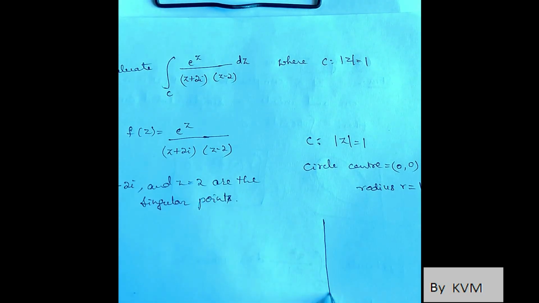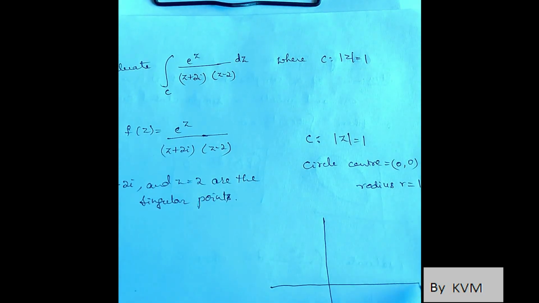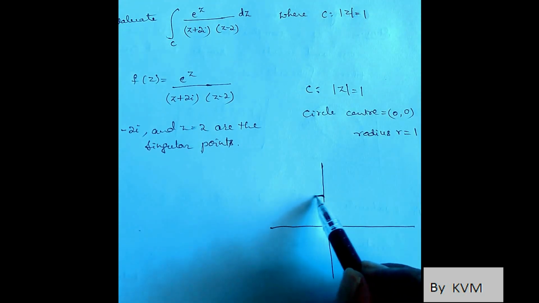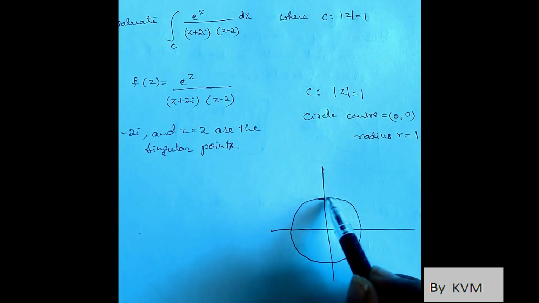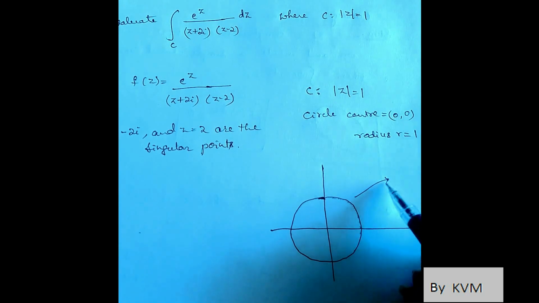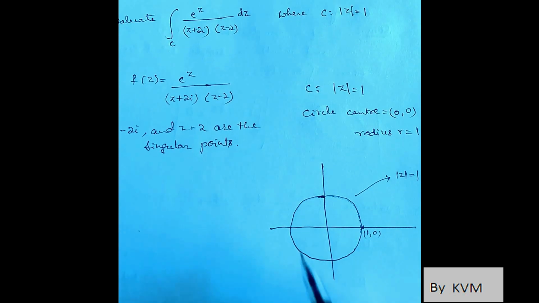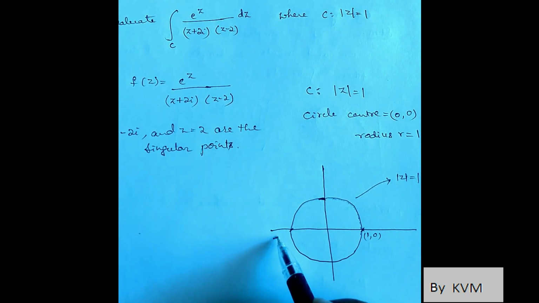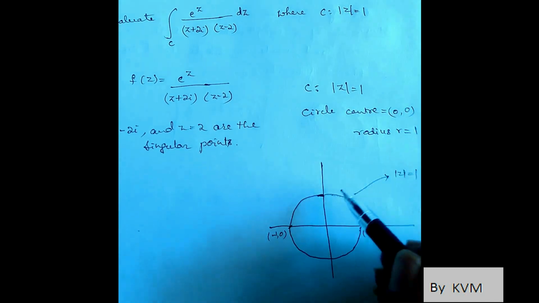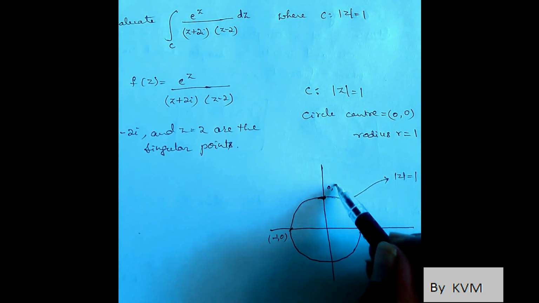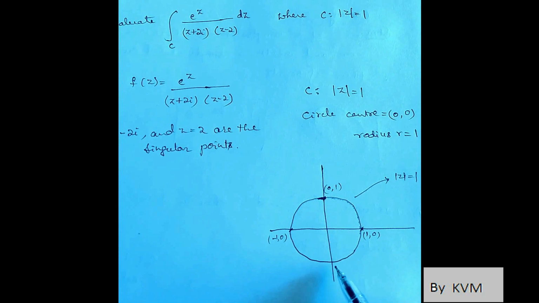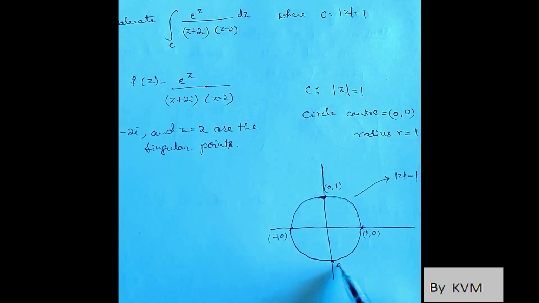So now draw the circle. This is the circle mod z equals 1. The point on the x-axis is 1 comma 0, and to the left side it is minus 1 comma 0. On the y-axis, 0 comma 1, and on the negative side it is 0 comma minus 1.